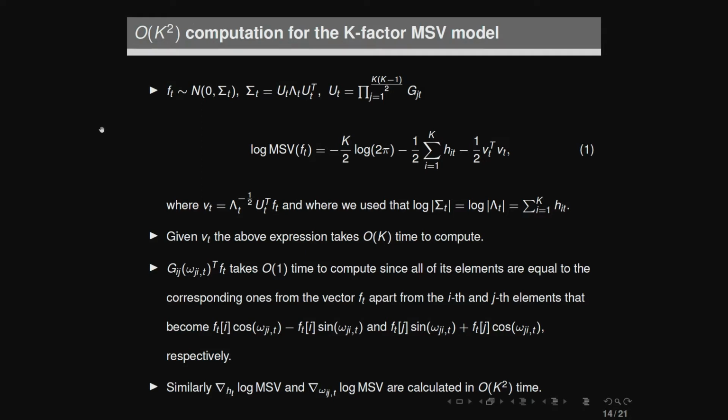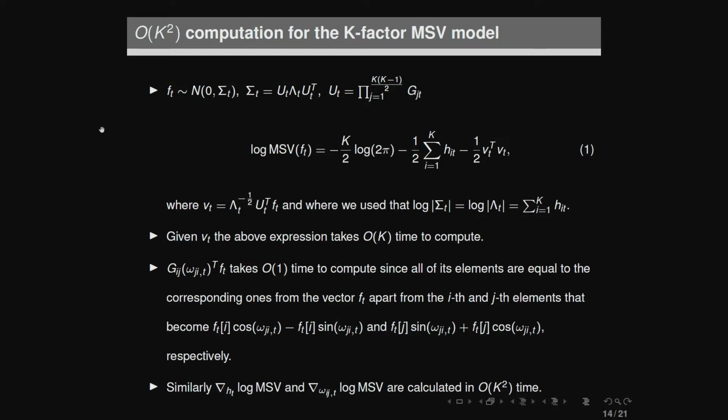Actually, if I exploit the way I wrote down my sigma, my covariance matrix, I can do it in quadratic complexity. Let me tell you the idea. This is how I write down the log density of the multivariate normal. And the last part, which is the interesting part, I wrote as Vt transpose Vt, and Vt is this matrix.